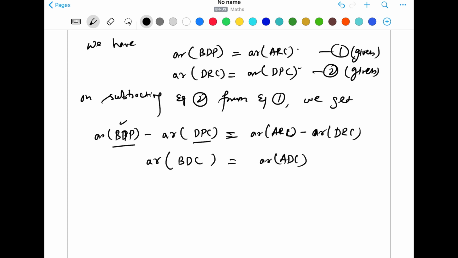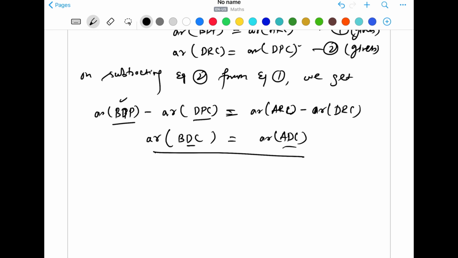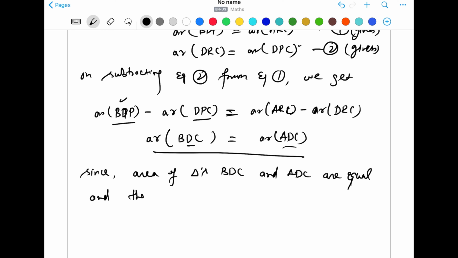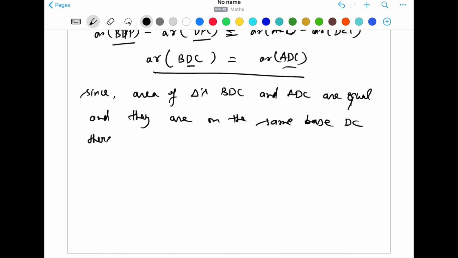Now again, what we got is that the areas of these two triangles are equal and they are on the same base DC. So we'll write: since the areas of triangles BDC and ADC are equal and they are on the same base, the same base here is DC, therefore AB has to be parallel to DC.